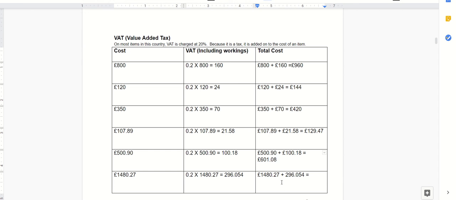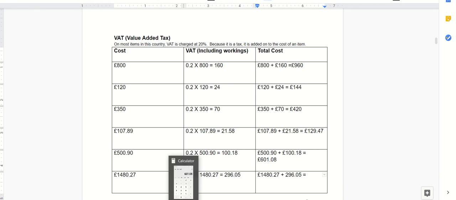Yep, and then the final one, 1,480.27 plus. Right, we need to round this to 5p. 0.4 of a penny, we just round up to 5p.